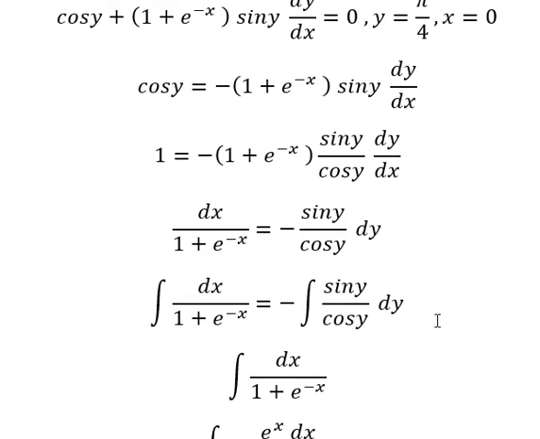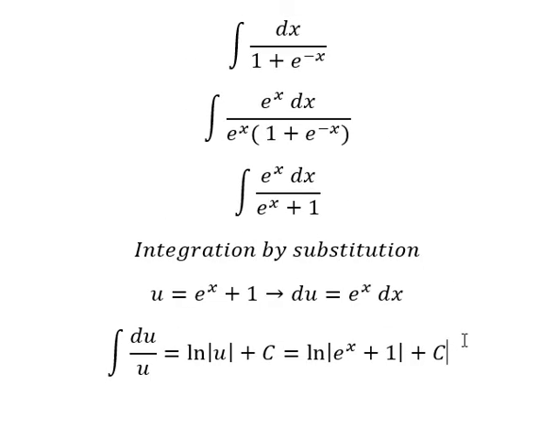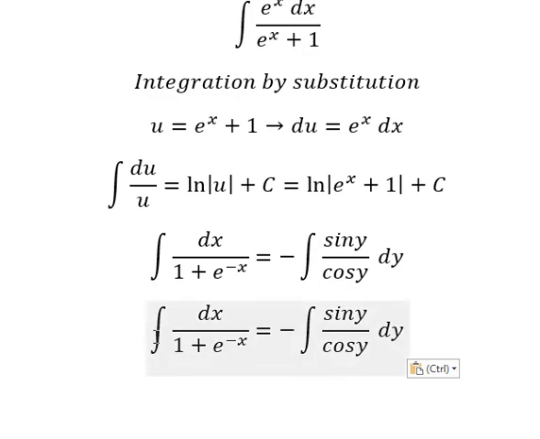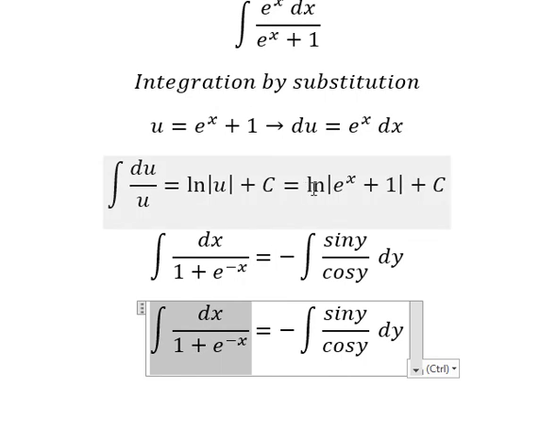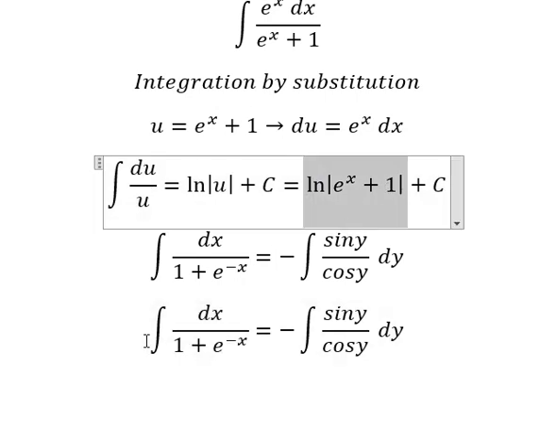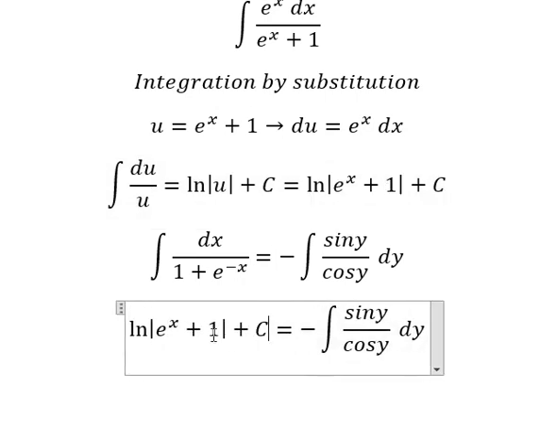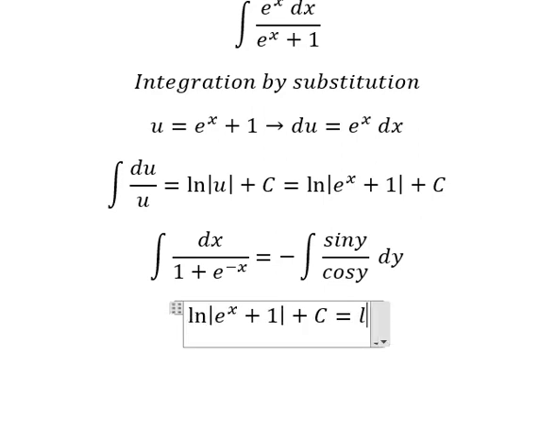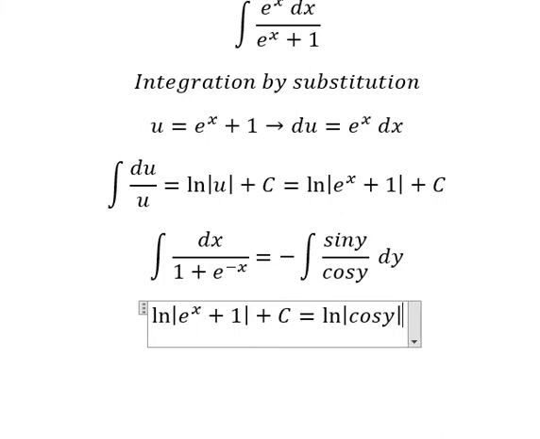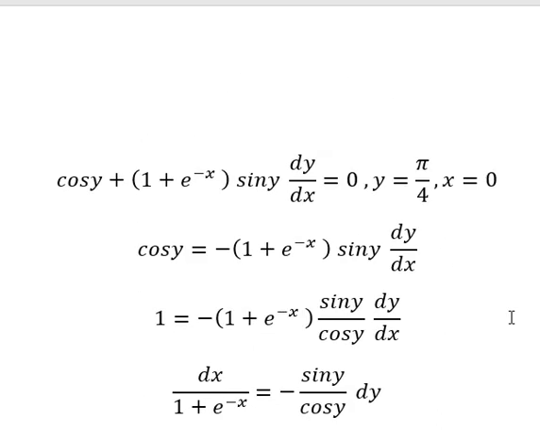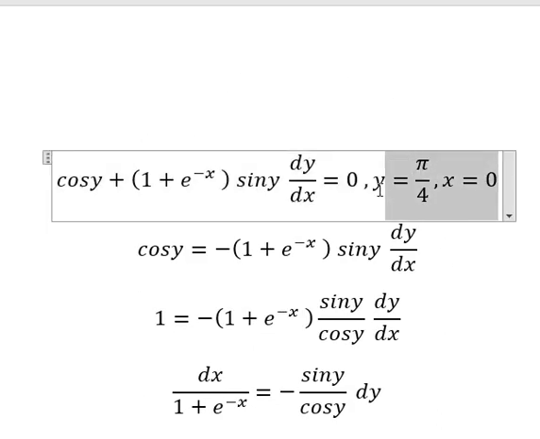Now we go back in here. The integration of this one, that is about this one. So the integration of this one, we have ln of the absolute value of cosine y. Now we have the conditions.